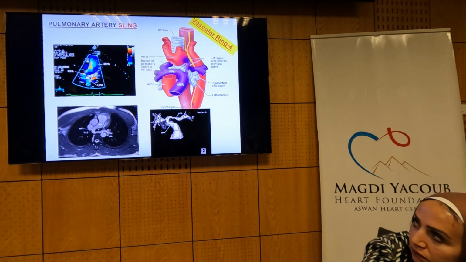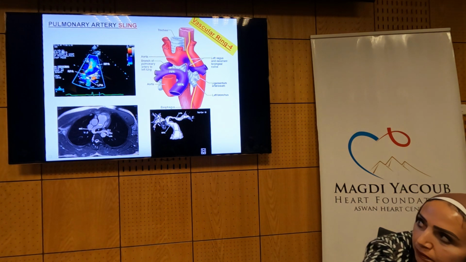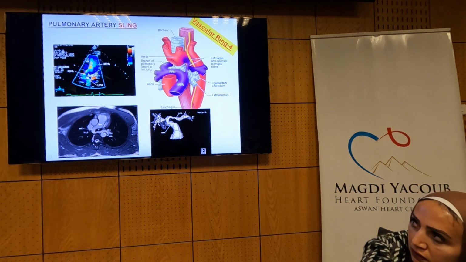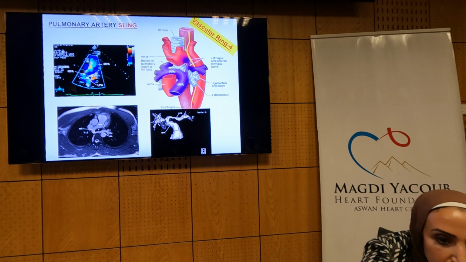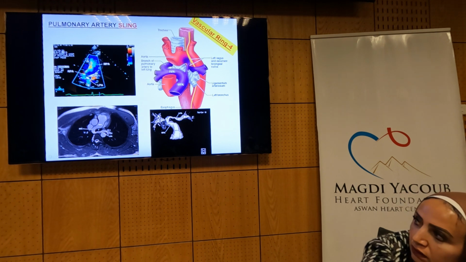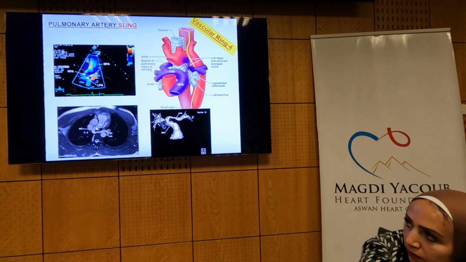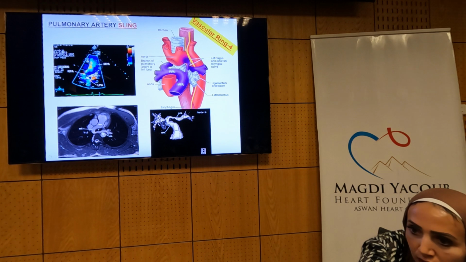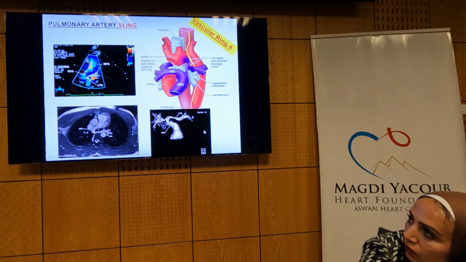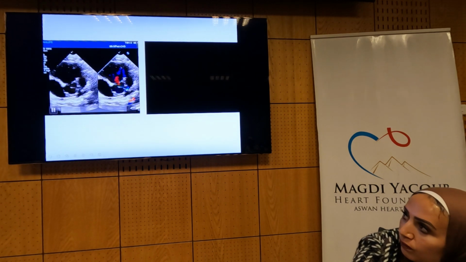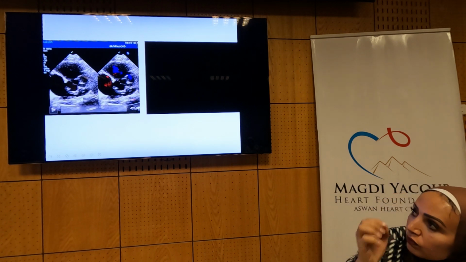How do we expect that by echo? This is the main pulmonary artery giving the right, and we find something still blue from the right. If we did a CT, you will find this one. This is the main pulmonary artery giving the right, and behind the trachea you have the left one. This is how it looks. From our cohort, we found this patient.